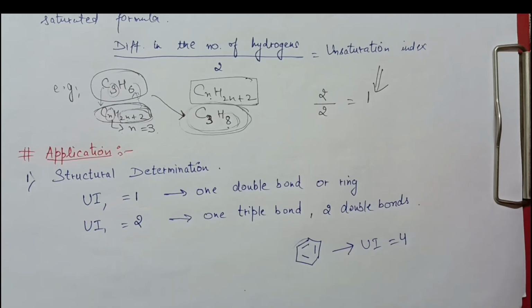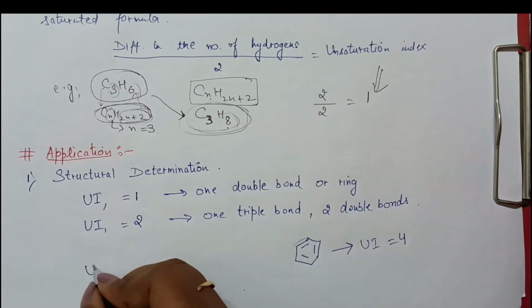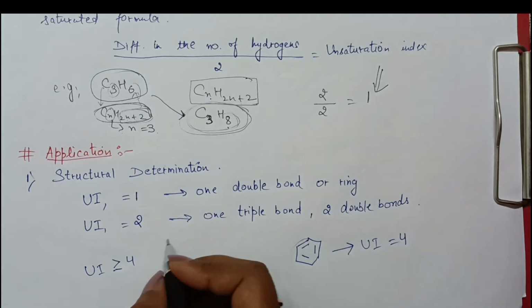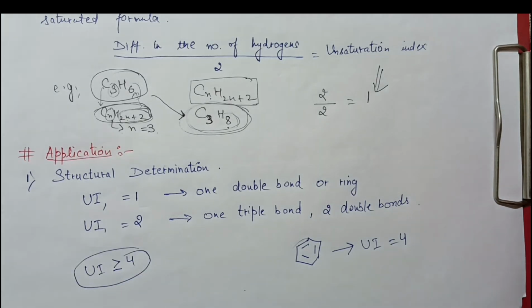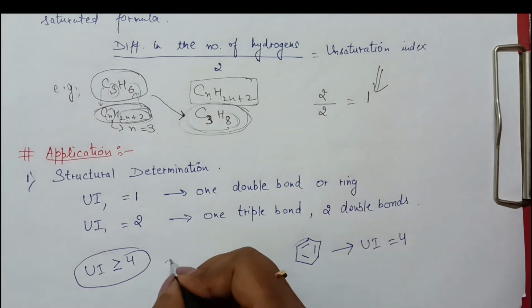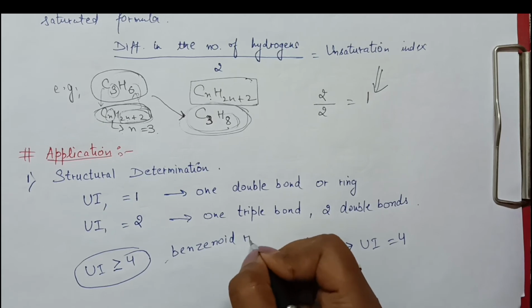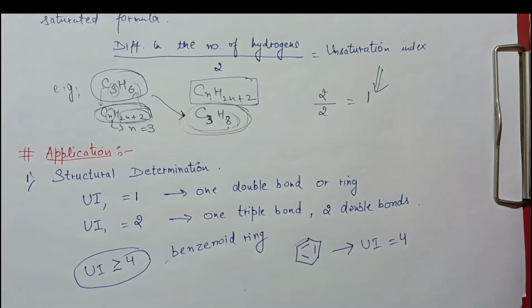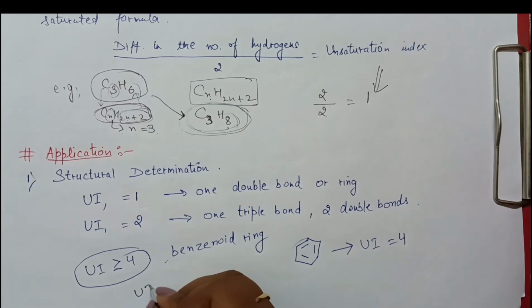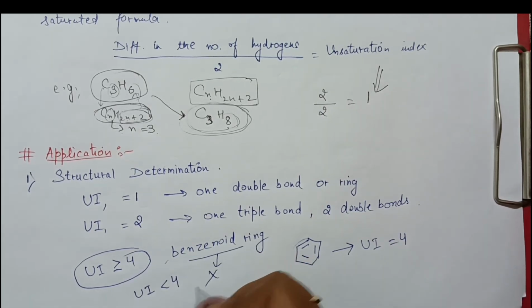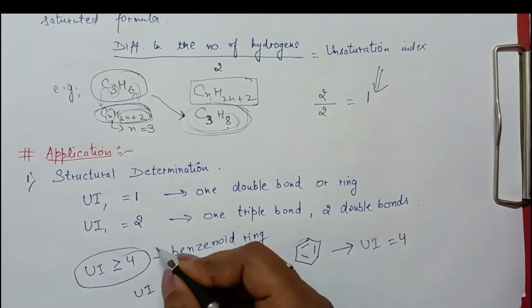So for any substance with unsaturation index equal to 4 or greater than 4, what can be there in those compounds? There can be a benzenoid ring. And one more thing we can conclude: any substance with unsaturation index less than 4 cannot have such a ring.